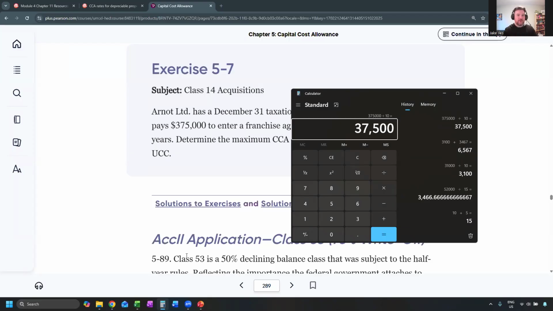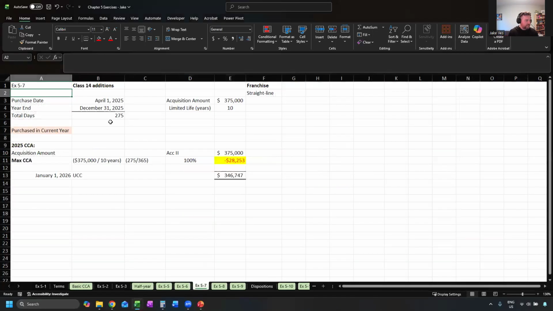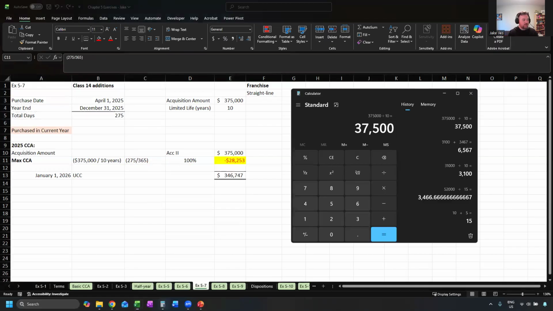But this is the first year, so this needs to be adjusted for the amount of time we had the franchise. April 1st to December 31st is 275 days. So we'll take our amortization and modify it for 275 over 365.